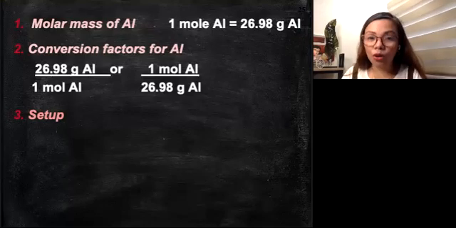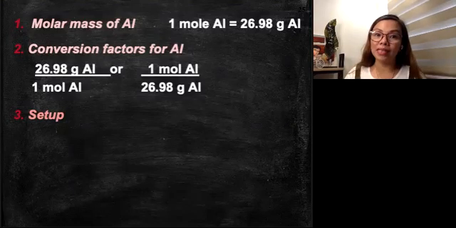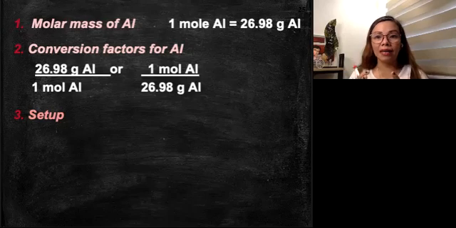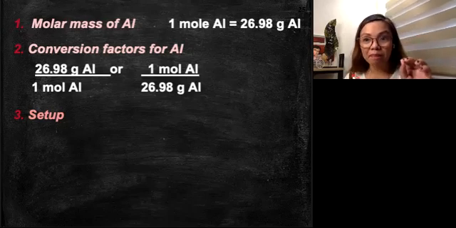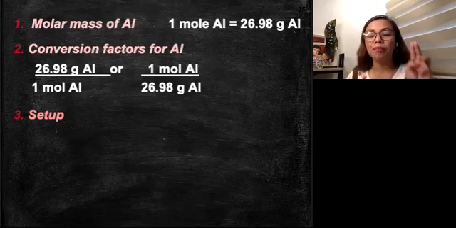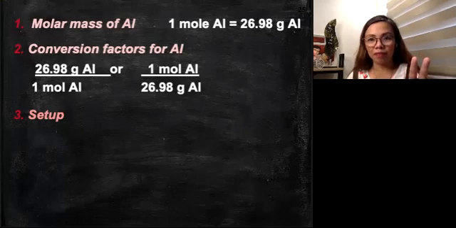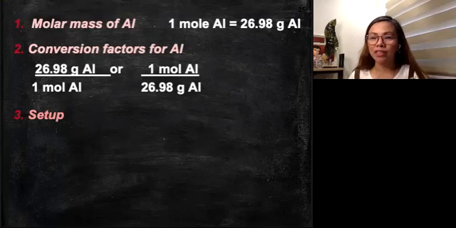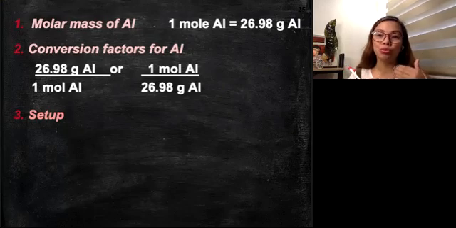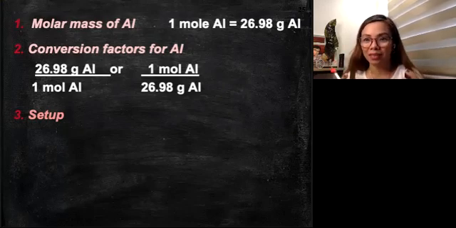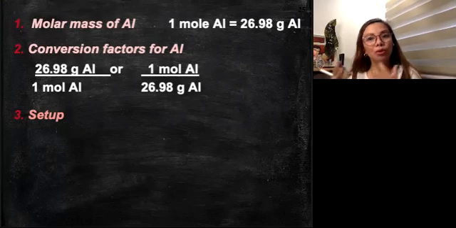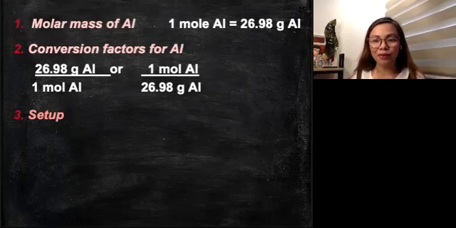We have 1 mole of aluminum is equal to 26.98 grams of aluminum. Again, for uniformity purposes, we will be using 2 decimal points. But for the final answer, for example in a multiple choice question, all you need to do is choose which is the closest value to your calculated value.